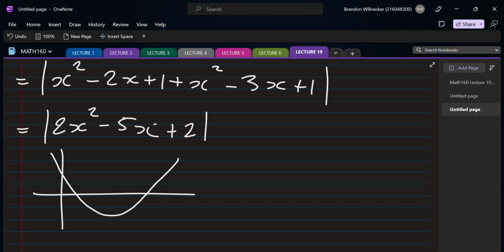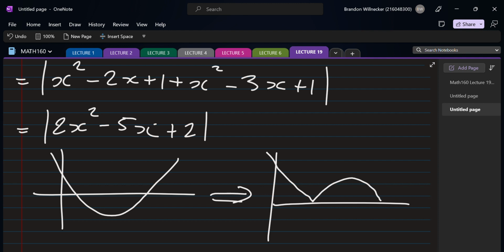It might not look like this, but just for illustration, if we take the absolute value of this, we're going to end up with something like this. It comes down again, but where the parabola was negative between those two points, it now becomes positive, so it looks like this, and then it goes up again.